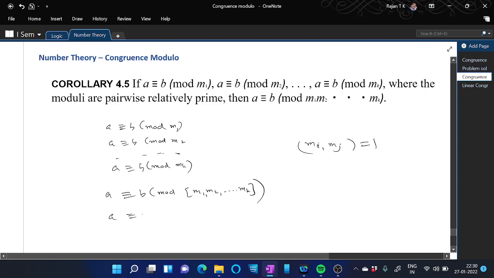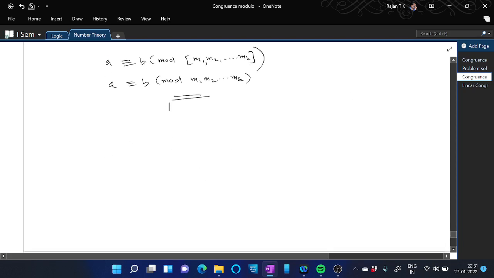So A is congruent to B mod the product of these moduli, that is M1 into M2 into etc. into Mk, since the LCM of M1, M2, etc., Mk is the product of M1, M2, etc., Mk, since they are relatively prime to one another. So we have the result: if M1, M2, etc., Mk, the moduli, are pairwise relatively prime, then A is congruent to B mod M1 M2 etc. Mk.